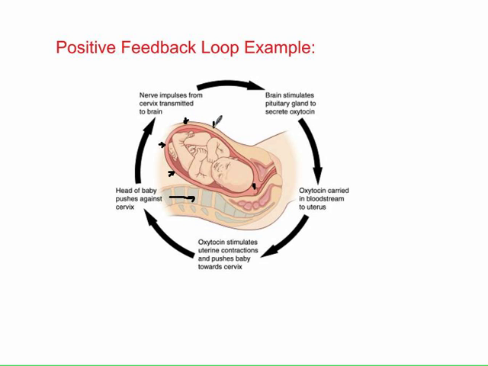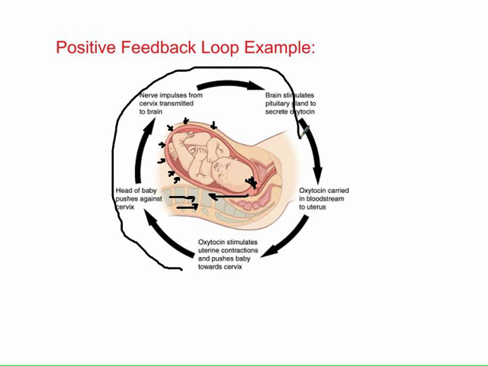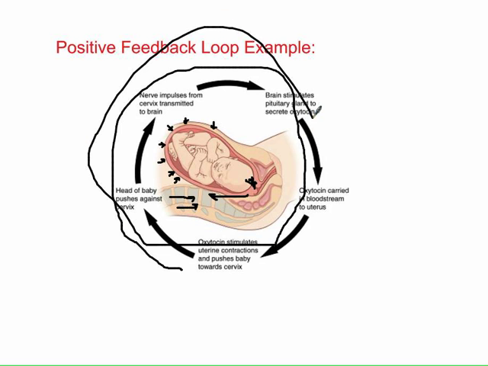And that will cause the baby to push more on the cervix, and that will send a signal, and then they'll release more oxytocin, and then it'll cause the uterine wall to contract more. You get the idea that the positive feedback loop causes something to happen, which causes more of it to happen. So you just kind of go round and round.